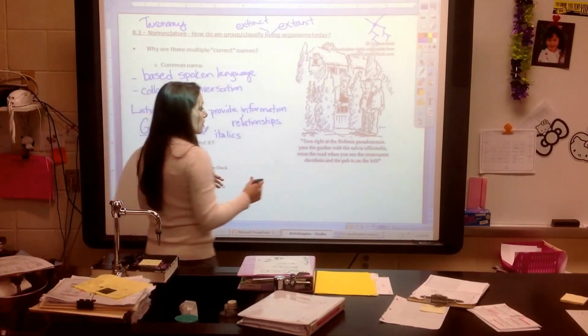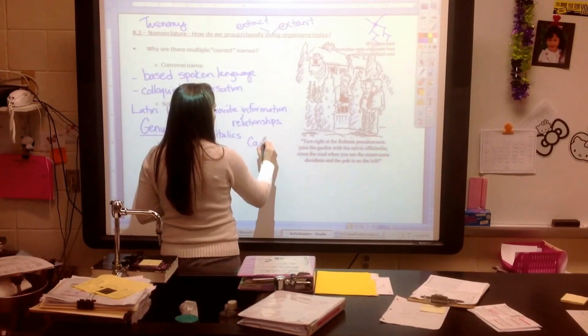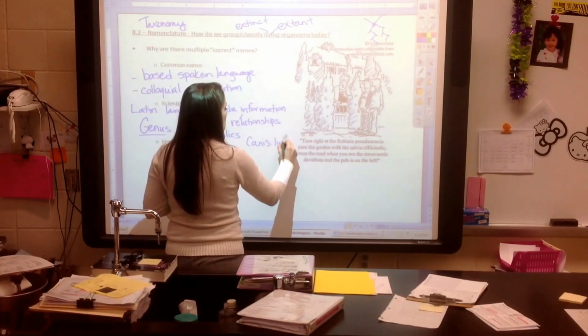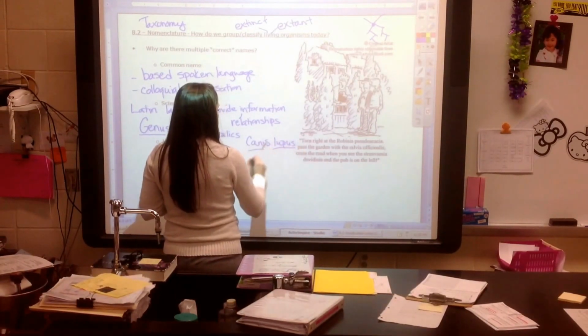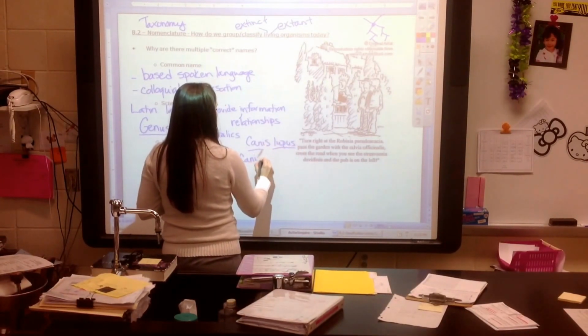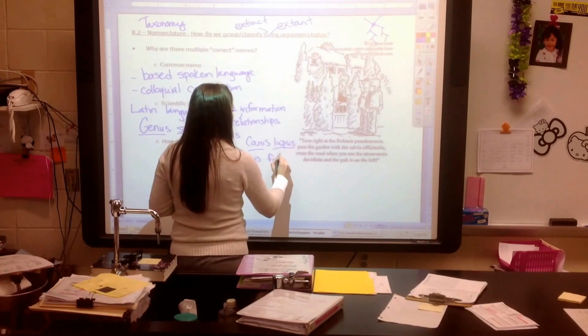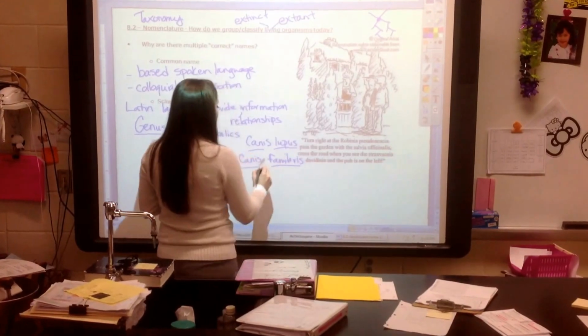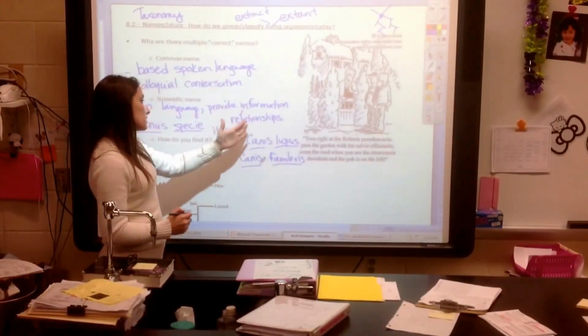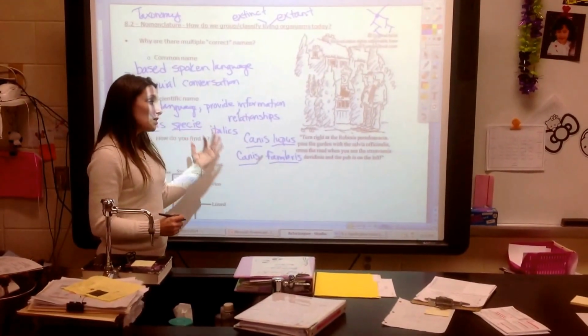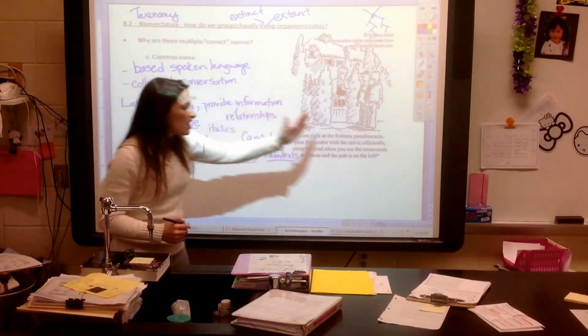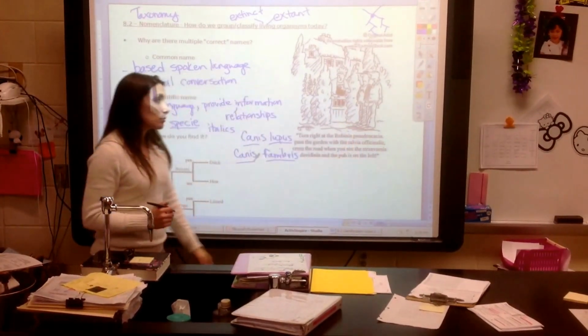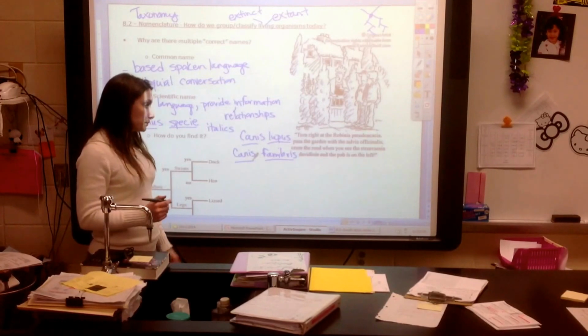So for example, if I give you the name Canis lupus and Canis familiaris, you should be able to notice that they share the same genus name, which would mean they're more related to each other than any of these scientific names here in this cartoon.